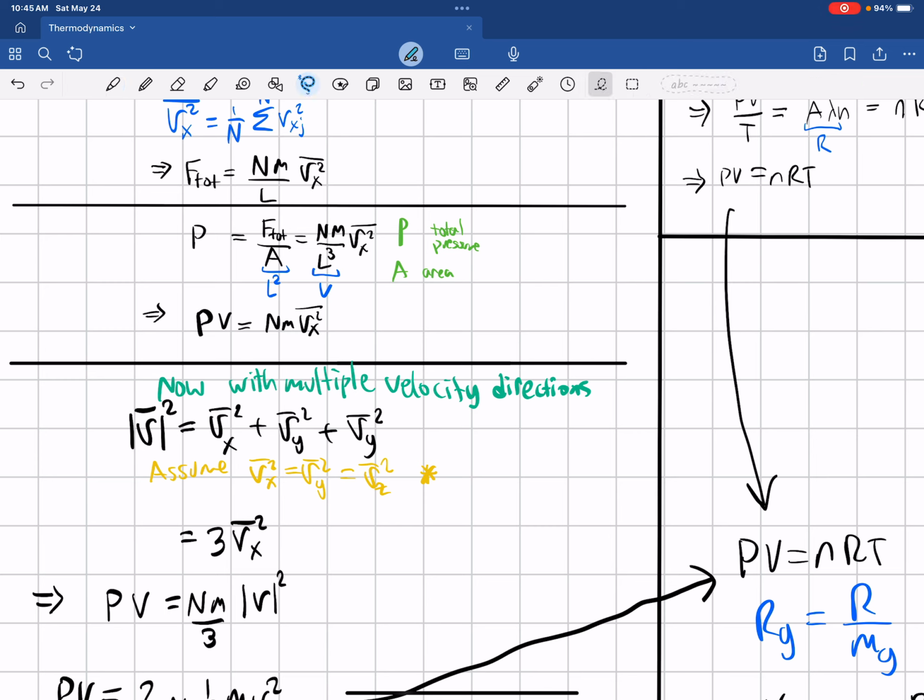So the average velocity magnitude squared, because you know a magnitude is, if f is like a vector, then it's the square root of fx squared plus fy squared plus fz squared, and if you square both sides you get rid of the square root, and so we have this vx squared bar plus vy squared bar plus vz squared bar.